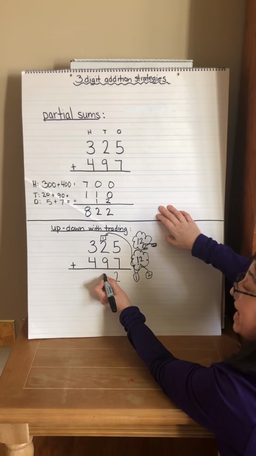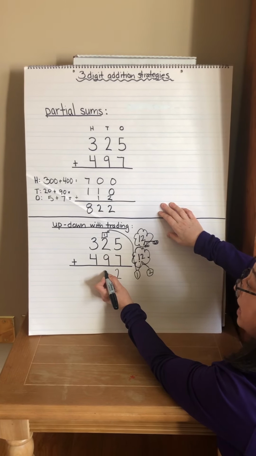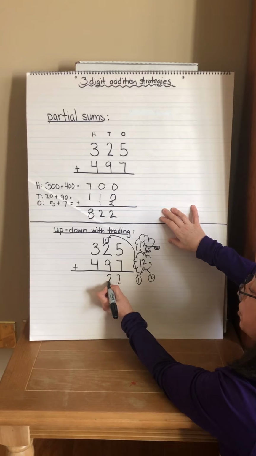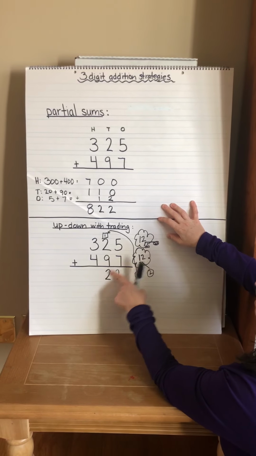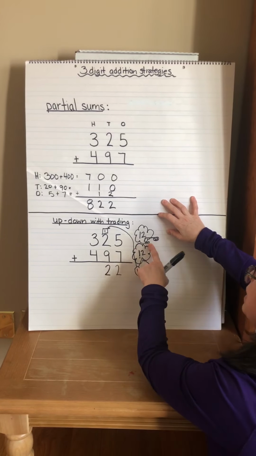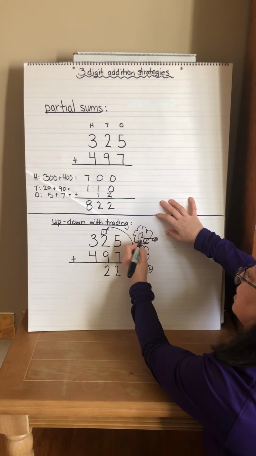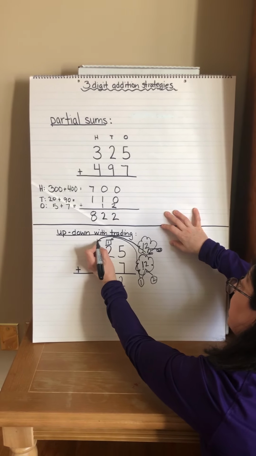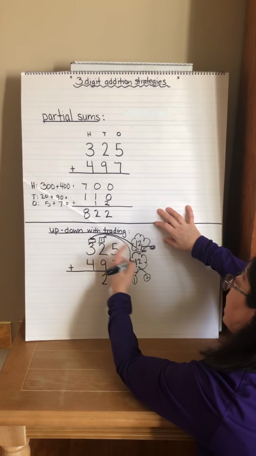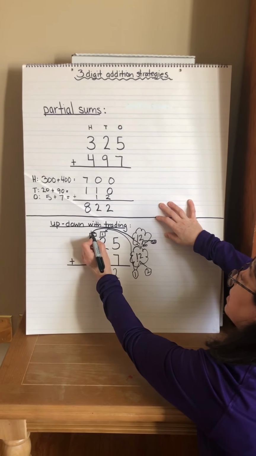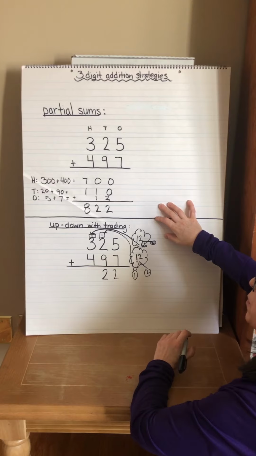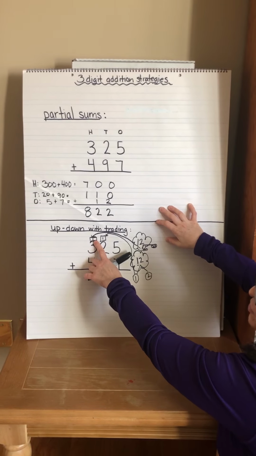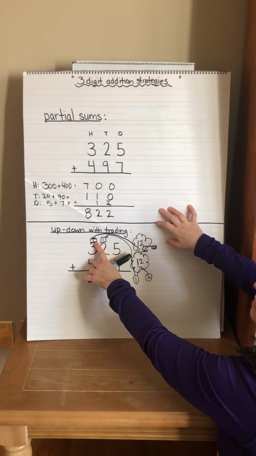But when I represent a 20 in the tens place, I only need to put the 2, right? 2 tens. And then I have a 100. I need to bring that over here into its hundreds place. I have 1 hundred, so I'm going to add a 1 just to show the 100.